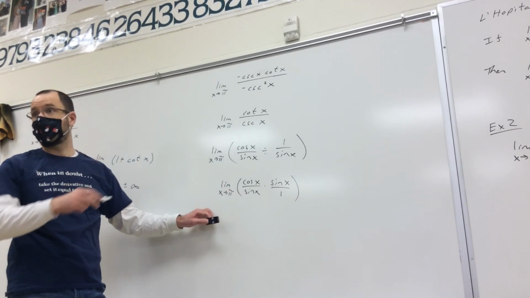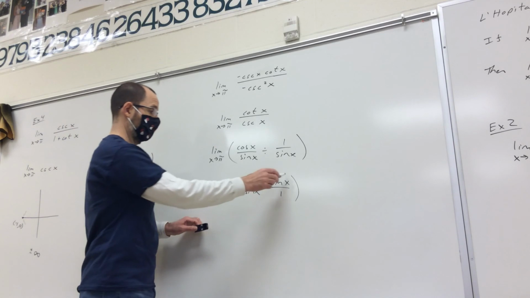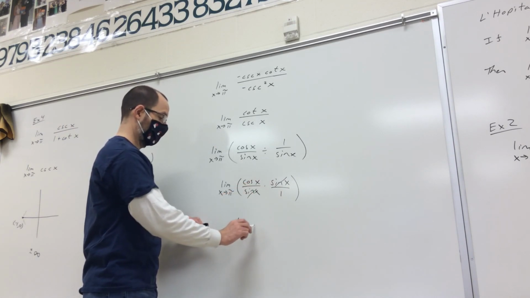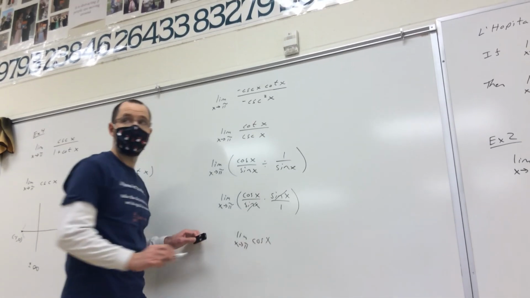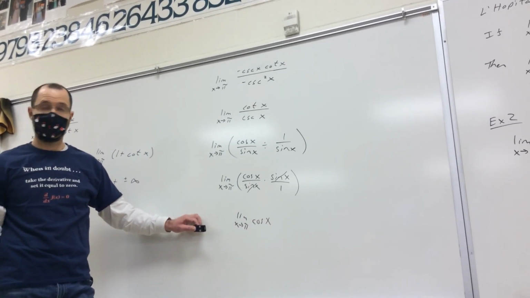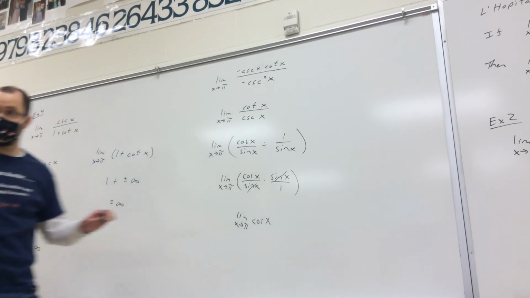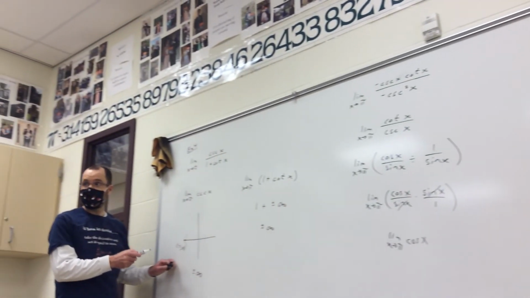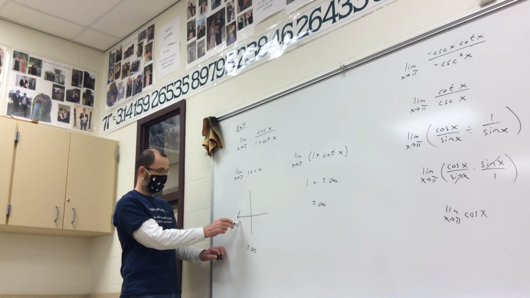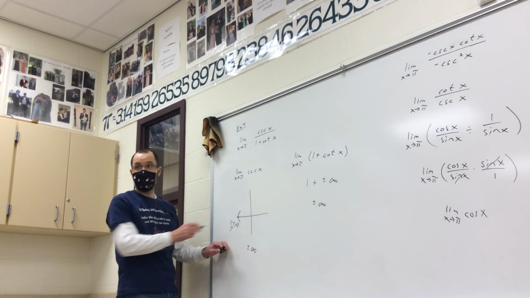And that's really convenient because then the sines cancel. So we're going to take the limit as x goes to pi of cosine. And when you get close, the cosine is the x on the unit circle. So when you get close to that pi angle, you're going to get close to negative 1 on cosine.